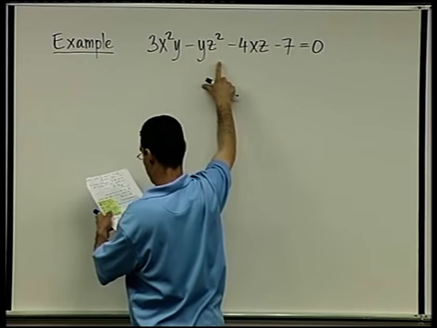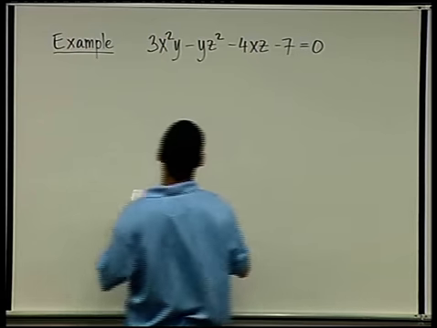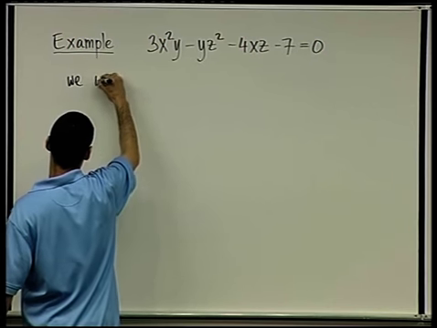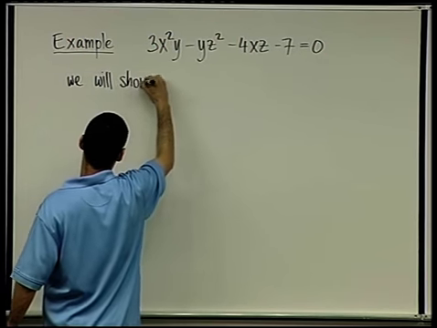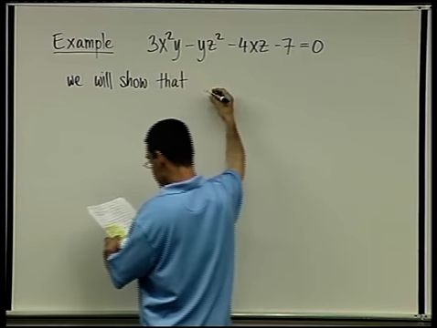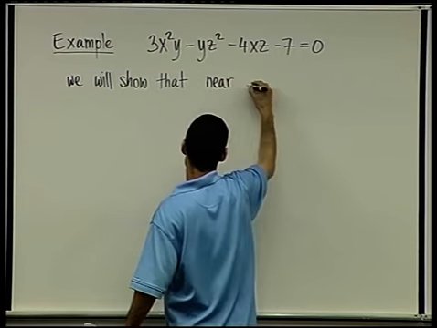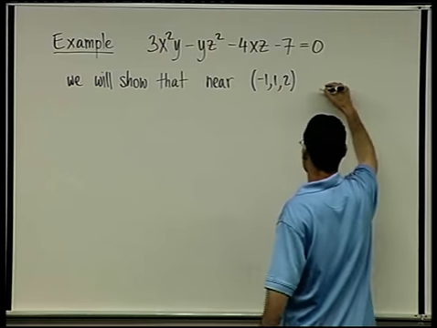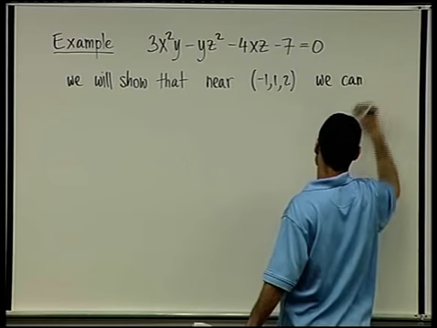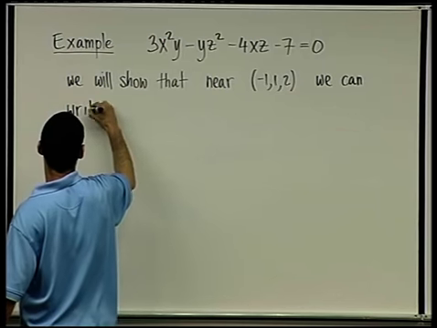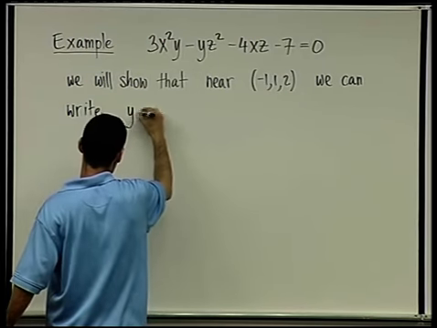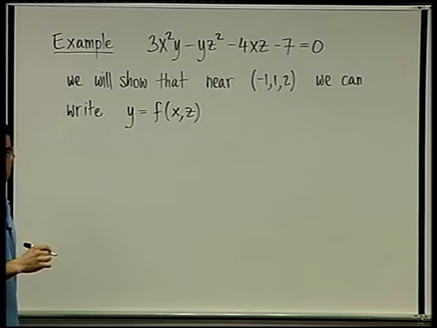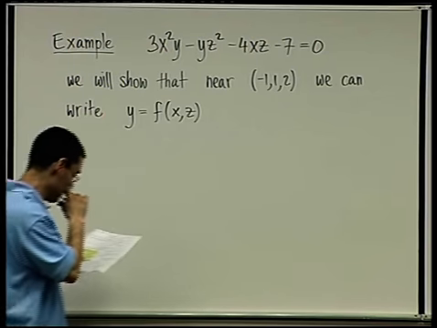We will show that near, meaning in a neighborhood of, the point negative 1, 1, 2, we can write y as a function of the other two variables, x and z.